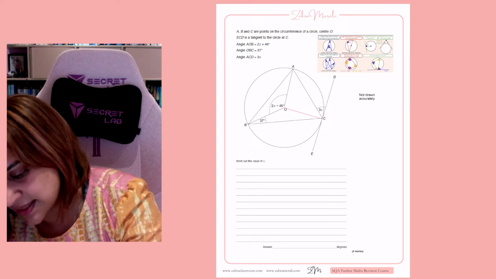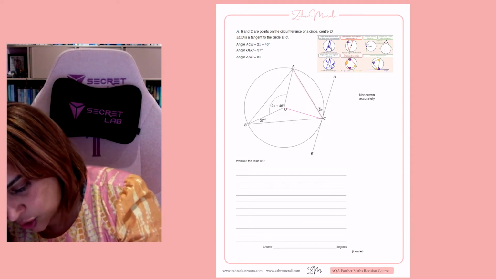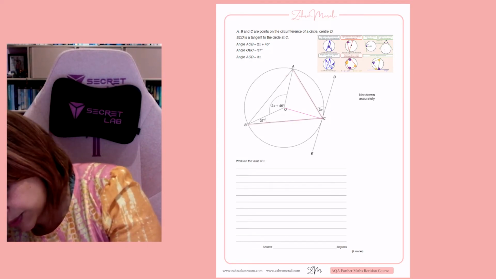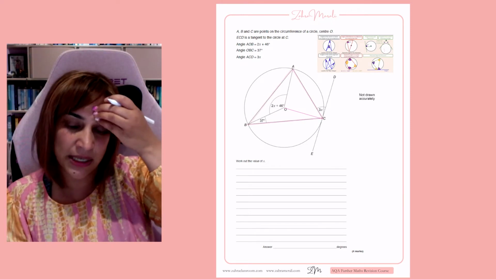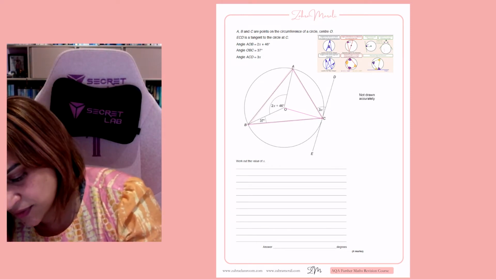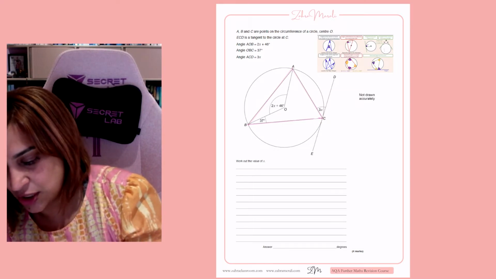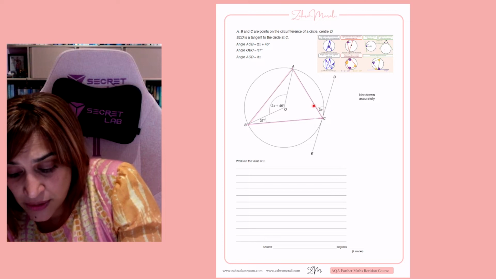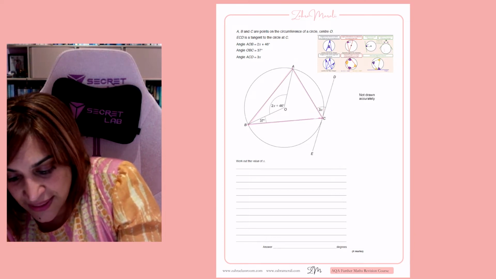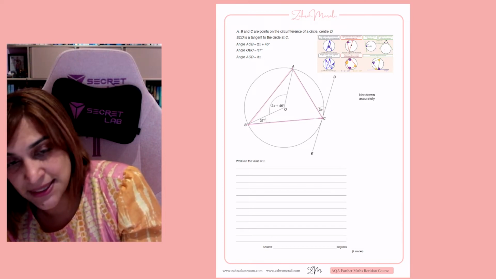Now, the alternate segment theorem, we've got to think about a whole triangle. I know this is split into lots of triangles, but the triangle there. What the alternate segment theorem says is that you've got an angle, you go into the triangle and you go across, and this bit here therefore is the same as 3x.